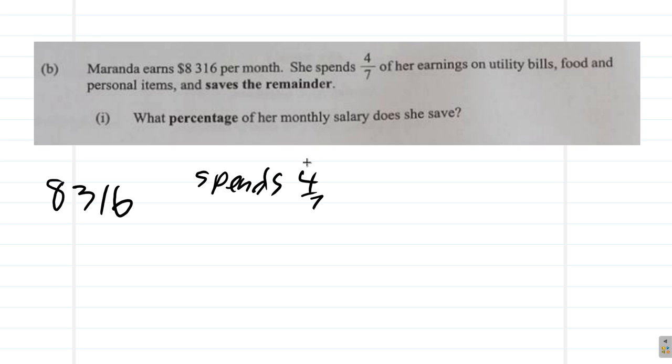We are given the spending in fraction. So what we do, you see? Let us find out the fraction of what she saves, then turn it into percent. Alright? So if she spends 4/7, then she saves 1 minus 4/7.